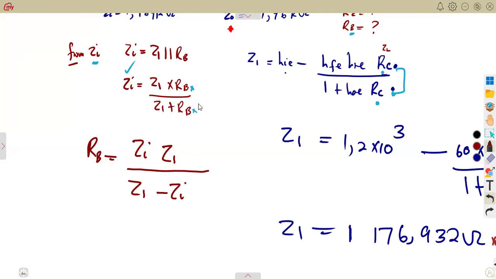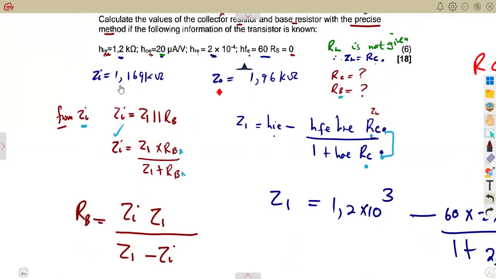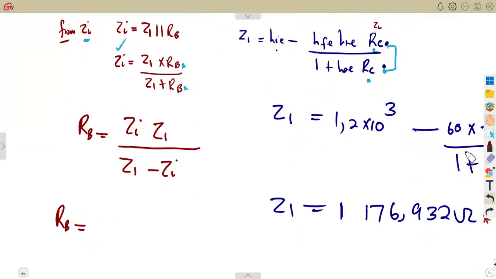So you are going to make RB the subject, cross multiply, then you collect the terms of RB, factor out, just like the previous case, you're going to have the same answer like this. So with this now, you can find the value of RB by substituting the values that we are having. Zi at the input, 1,1691 kilo ohms.